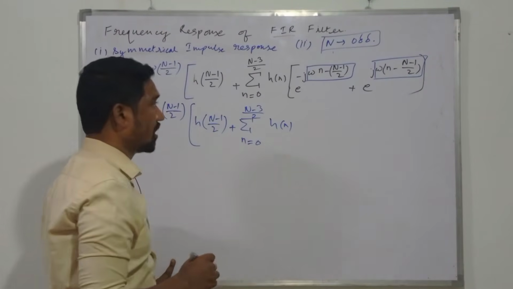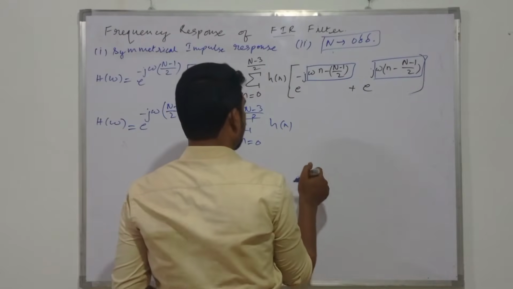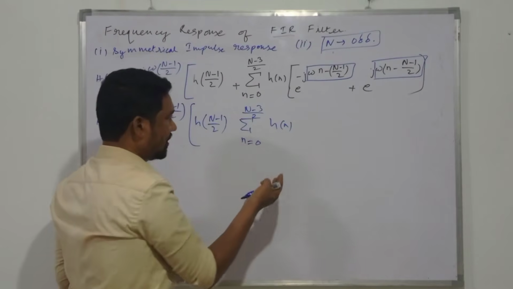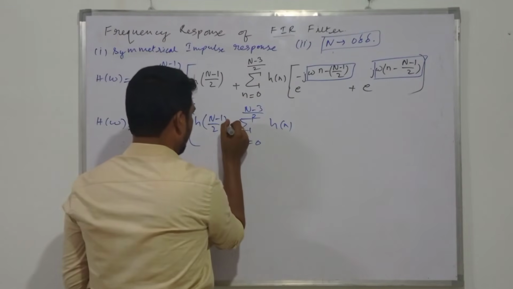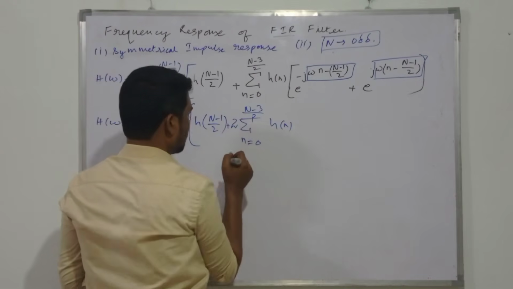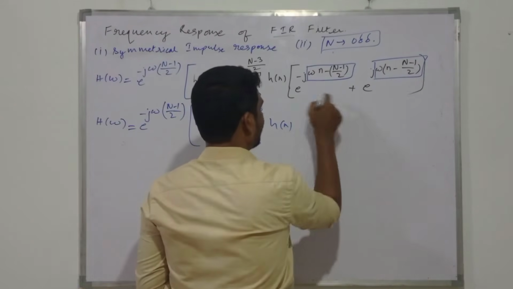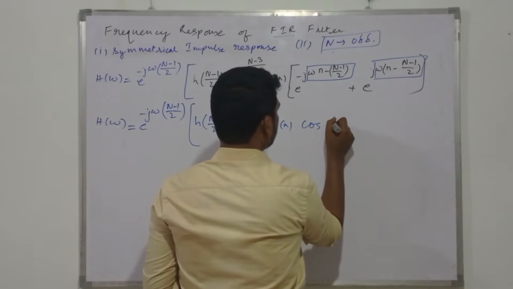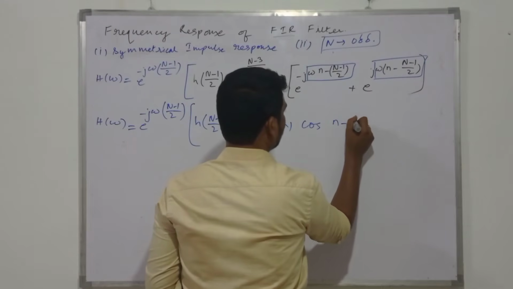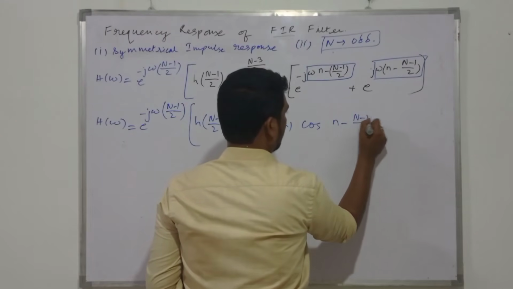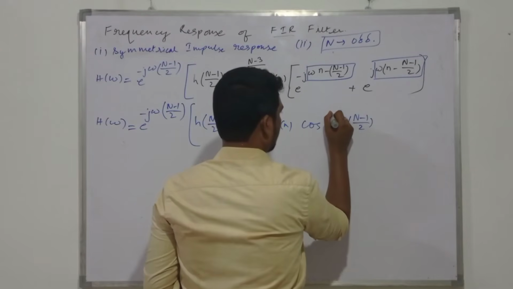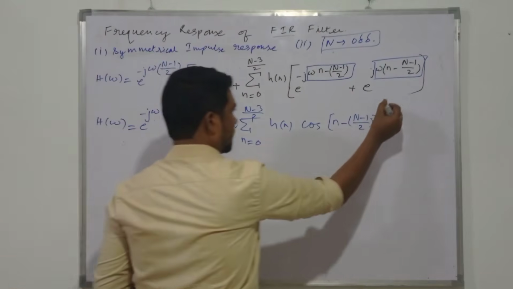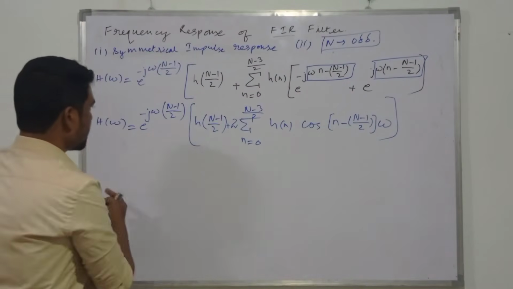The 2 is independent of the summation, so plus 2 times summation n equal to 0 to (N minus 3)/2 of h of n cos ((N minus 1)/2 minus n) omega, right? So close the big brackets, guys. This is the expression for H of omega.